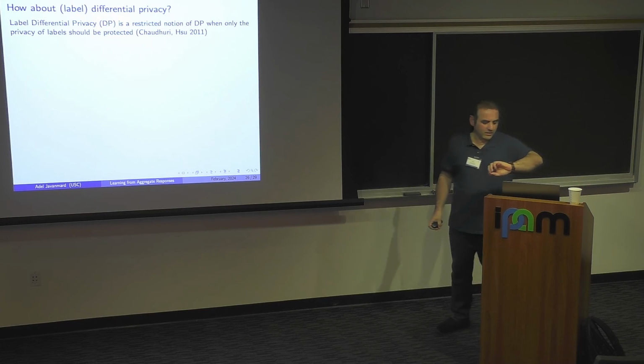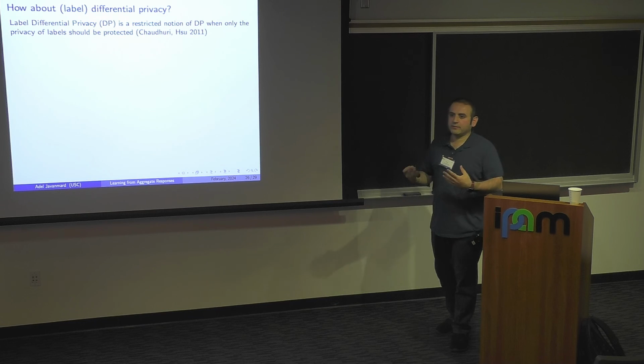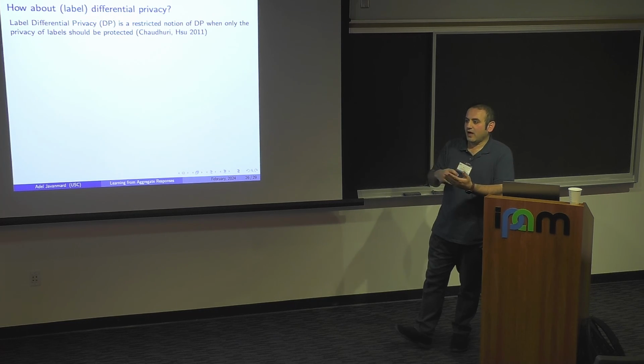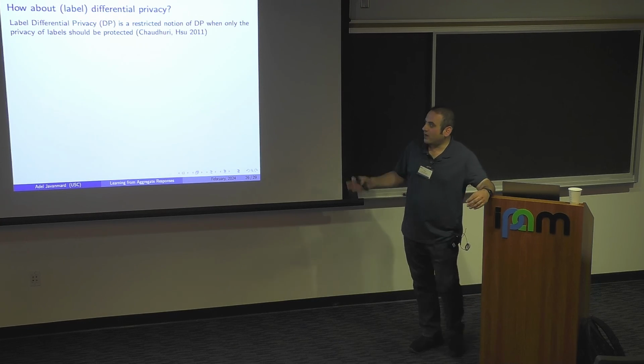In the remaining time, I want to talk about differential privacy and how you can go from aggregation to differential privacy. Through the talk, I was just working with labels, aggregating the labels. So I'm only concerned about the privacy of the labels, not the features.